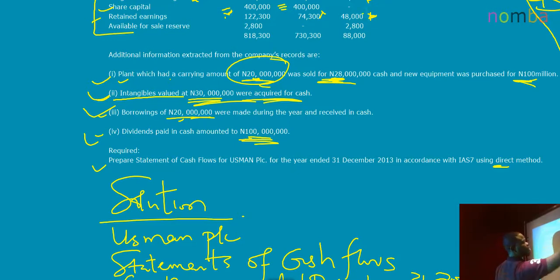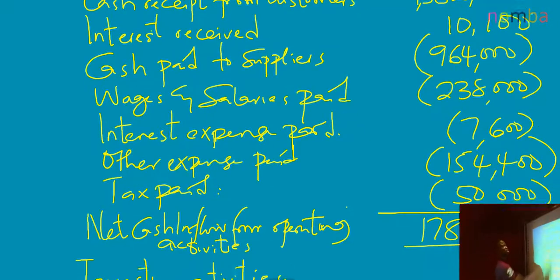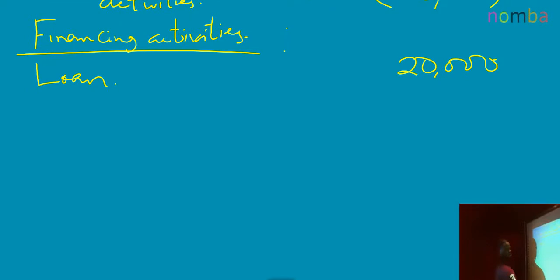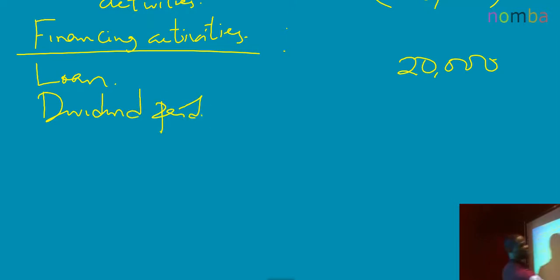That is why we are having this 48,000 as retained earnings, because out of the 148,000 profit that was made, we paid out 100,000 as dividend. And that 100,000 paid out as dividend will find its way into the statement of cash flows. So we'll have dividend paid, and it is 100,000.